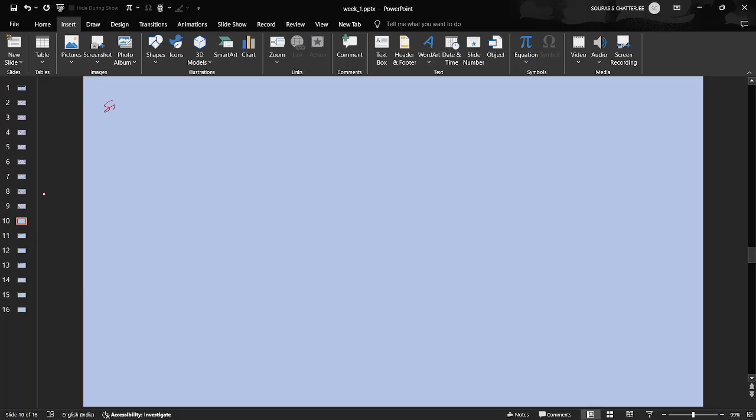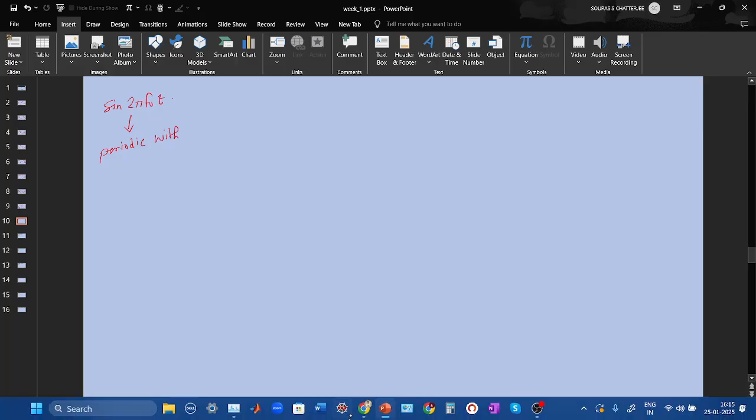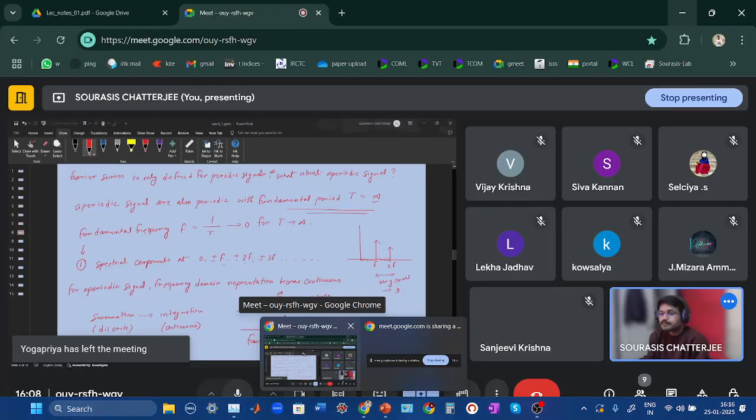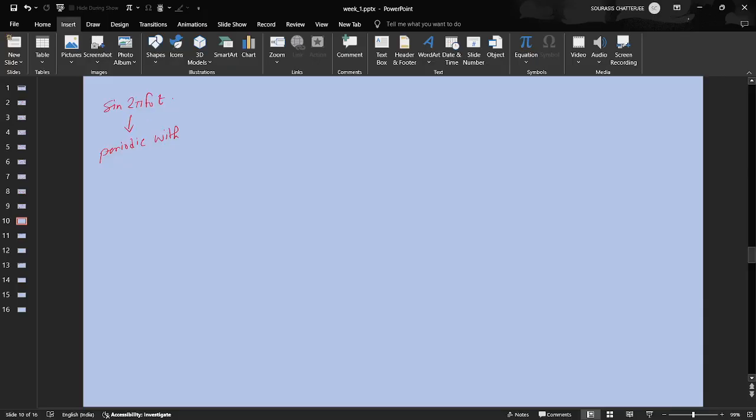So let's consider the signal here sine 2 pi f naught t. Okay, it's periodic with fundamental frequency f naught, right? So this function I am drawing only on the positive axis, so we are interested about this integral here.